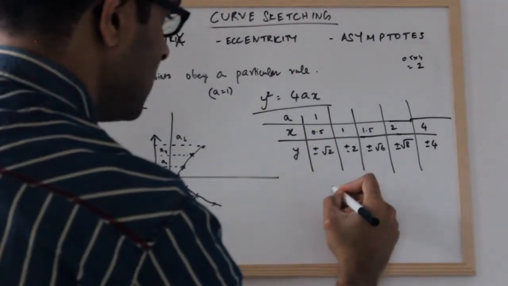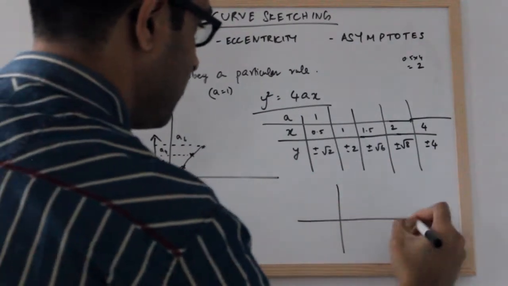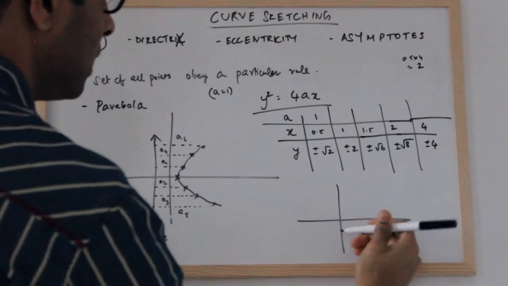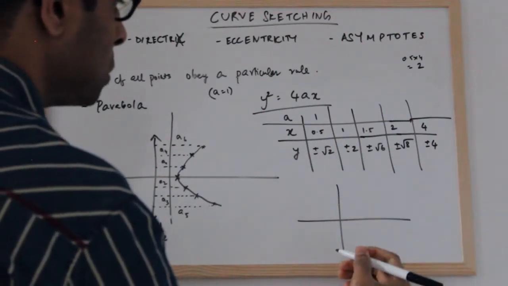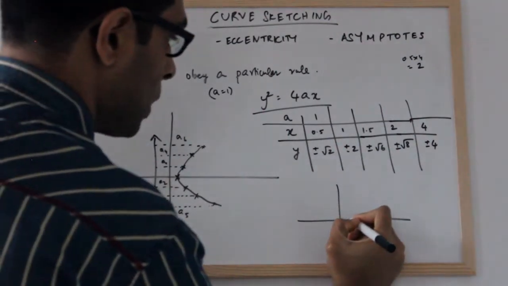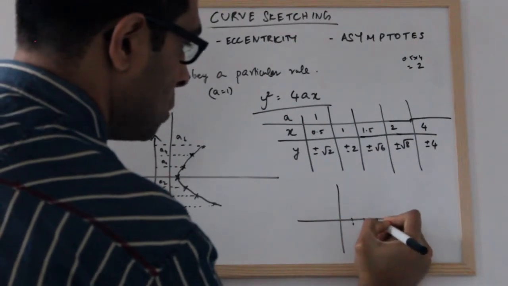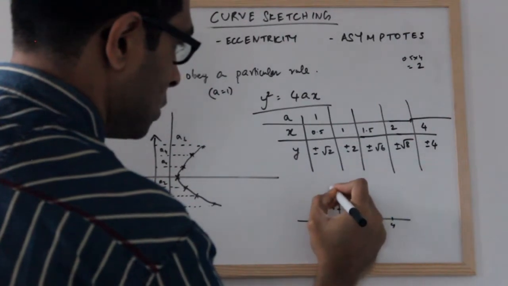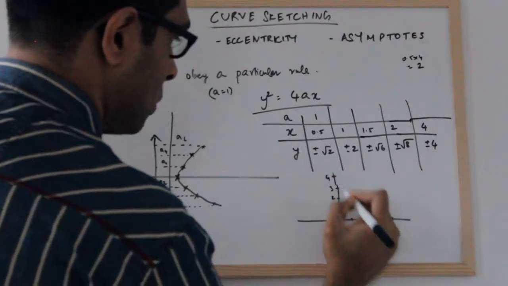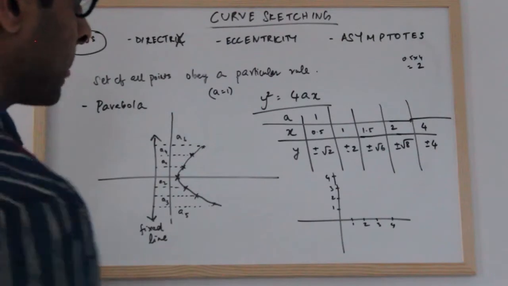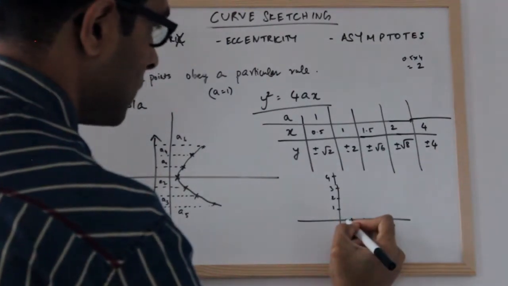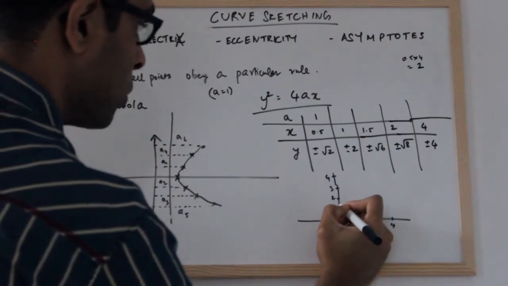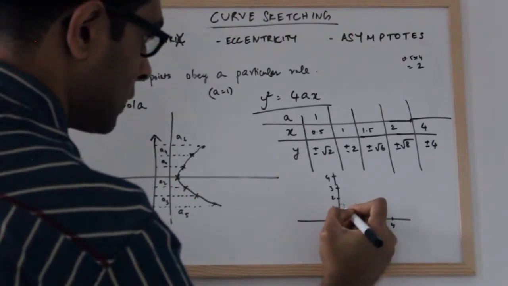So a parabola will be, if x is 0.5, y is plus or minus root 2. So 0.5, 1, 2, 3, 4 on x, and 1, 2, 3, 4 on y. Plus or minus root 2 will be around 1.414, so that's here.